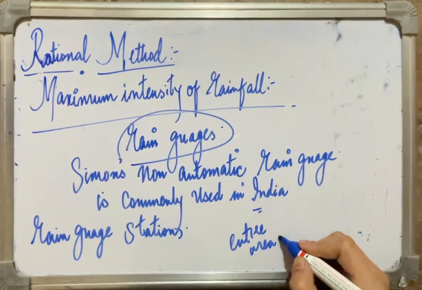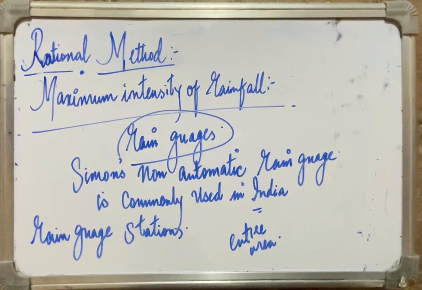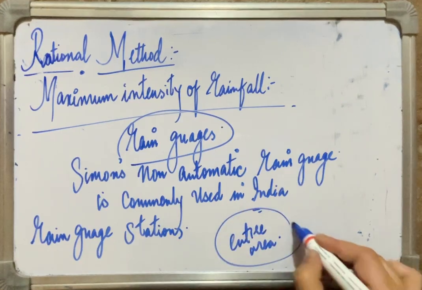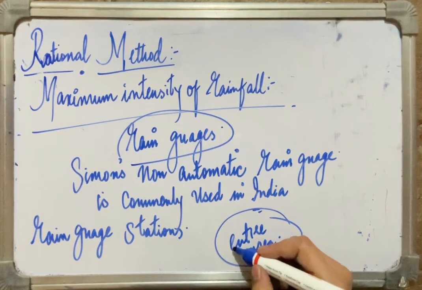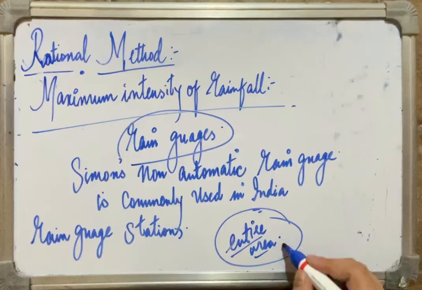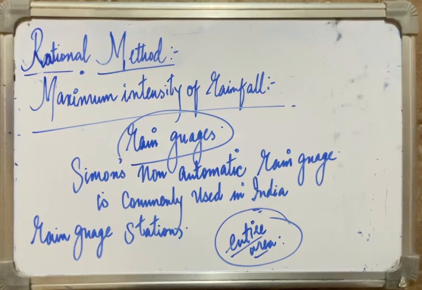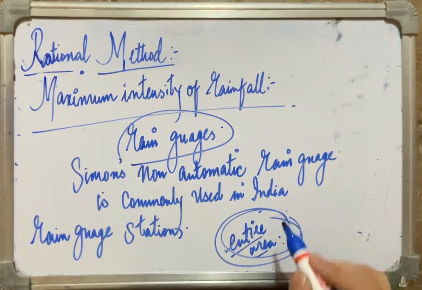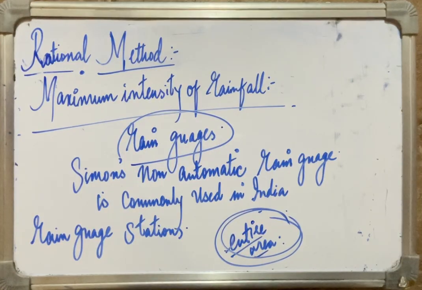They should be placed so that they evenly tell us about the rainfall situation of that particular area, representative of the entire catchment which we take.